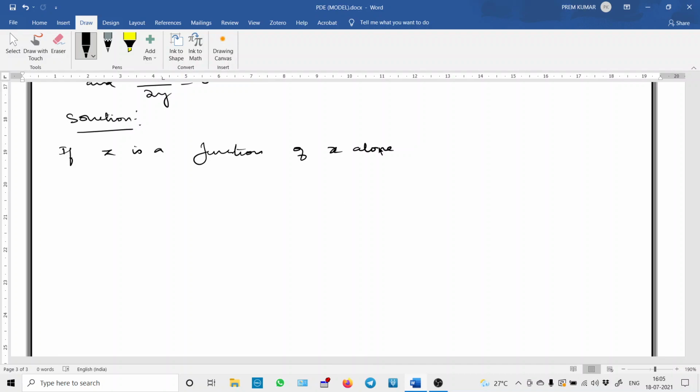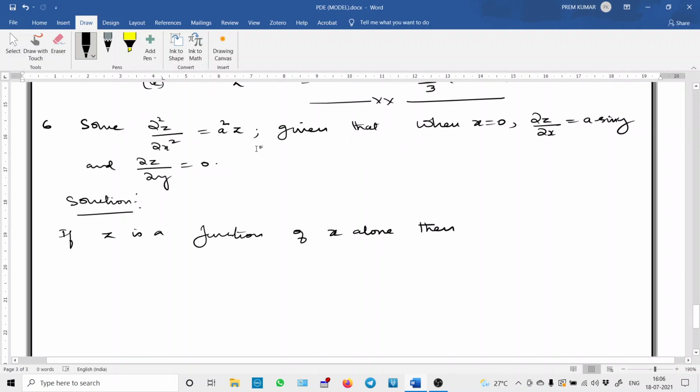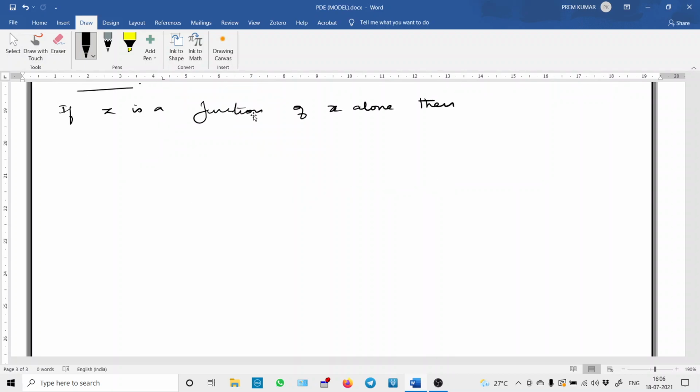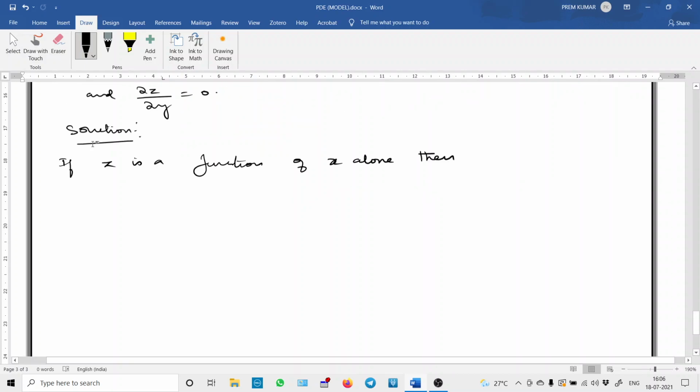then this differential equation becomes an ordinary differential equation, because it depends upon only one variable x. So there is no need of using the partial derivative symbol. So if z is a function of x alone, then this PDE can be written like an ordinary differential equation, and we use the method we studied in ordinary differential equations to find the solution of this case when z is a function of x alone.